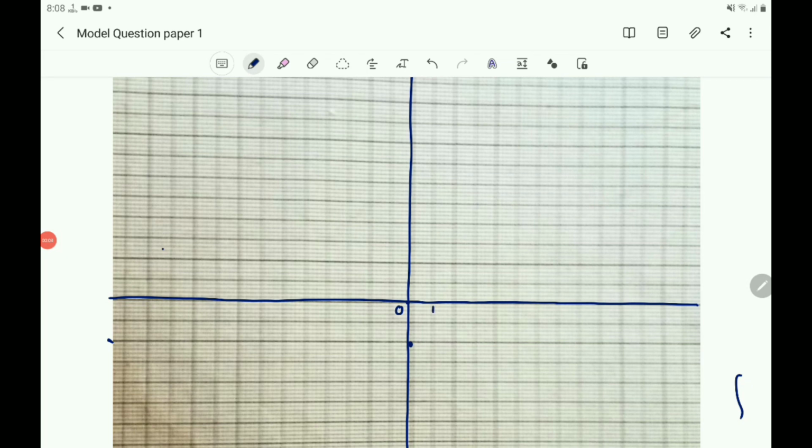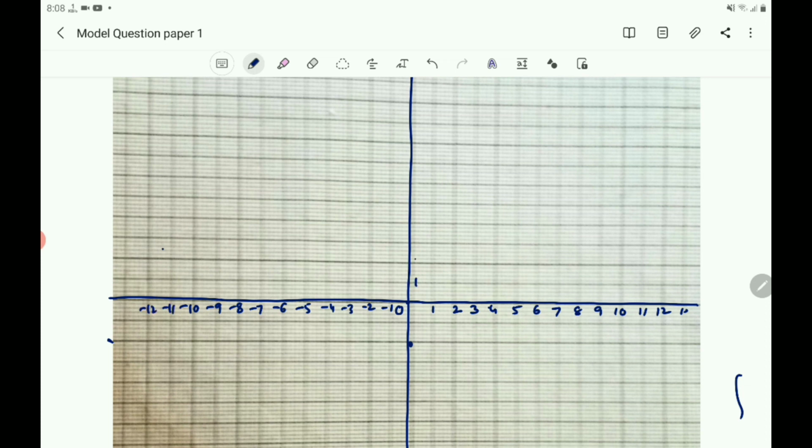Now you take 1, 2, 3, 4, 5, 6, 7, 8, 9, 10, 11, 12, 13, and so on. Here minus 1, minus 2, minus 3, minus 4, minus 5, minus 6, minus 7, minus 8, minus 9, minus 10, minus 11, minus 12, and so on.